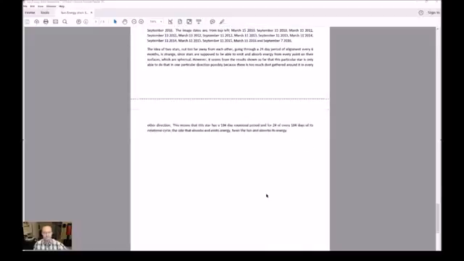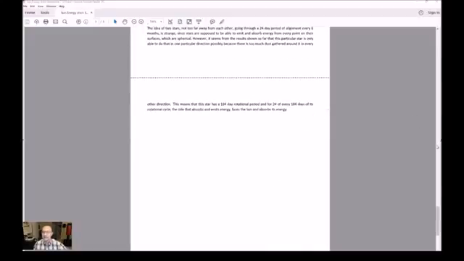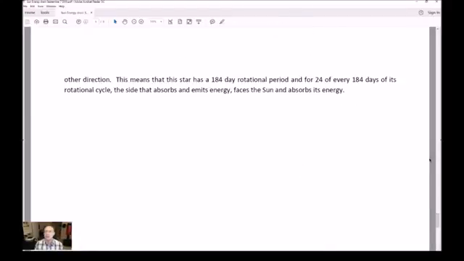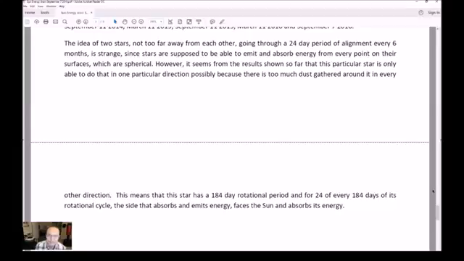In conclusion, the idea of two stars not too far away from each other going through a 24-hour day of alignment every 6 months is strange, since stars are supposed to be able to emit and absorb energy from every point on their surfaces, which are spherical.